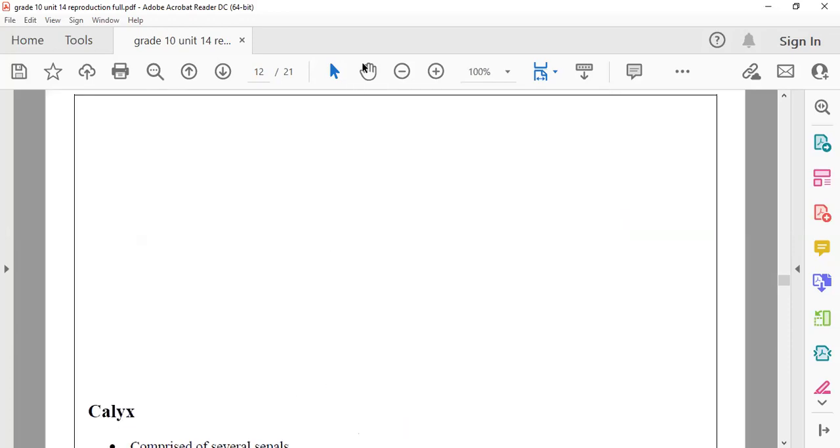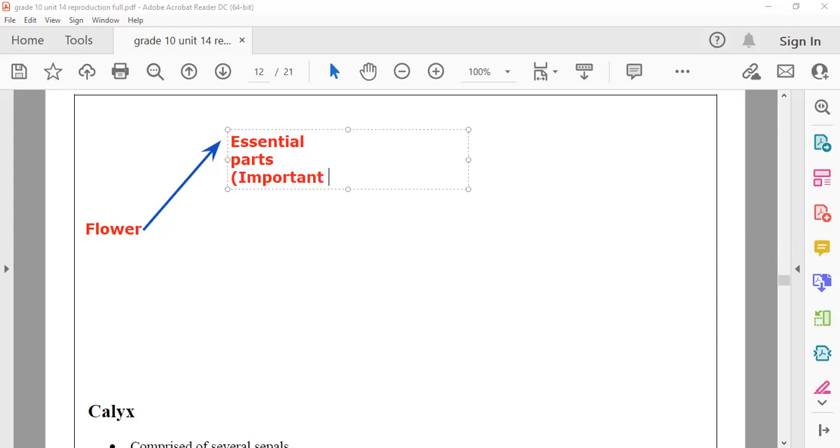In the flower, if you consider, a flower can be divided into 2 major regions. One we call essential parts. Essential parts of a flower are important for reproduction.